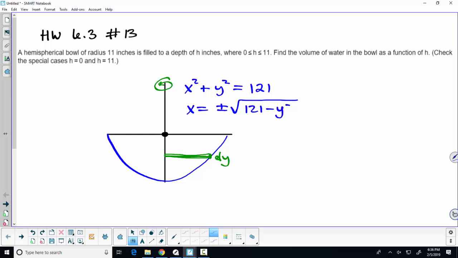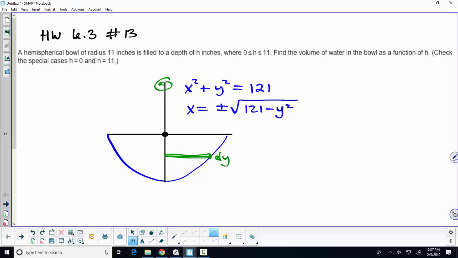y squared. Think of this as half of the sphere, right? How would we generate this? We would just take this quadrant and rotate it around. So which equation do we need? Positive, negative? Well, this is x.